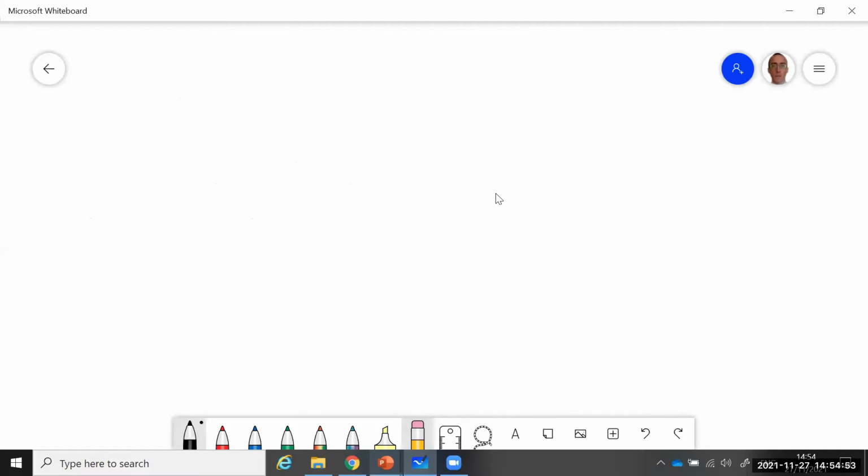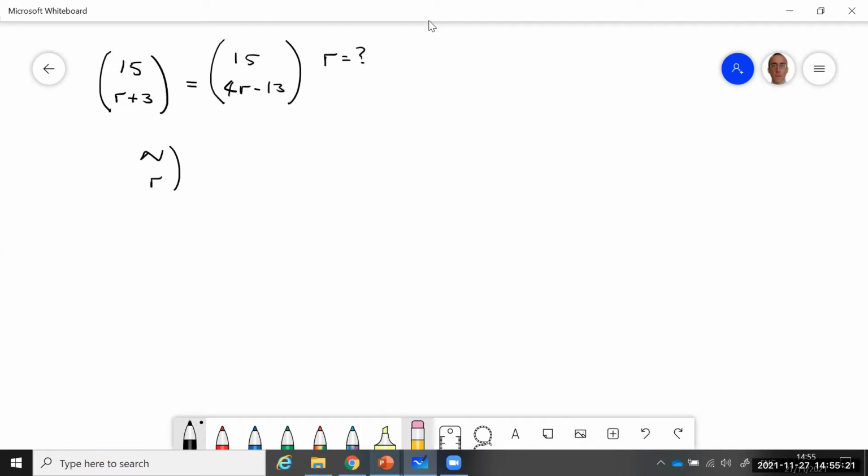So we have 15 choose r plus 3 equals 15 choose 4r minus 13, and r equals question mark. So this notation, you might recall from the book, in general terms, n choose r equals n choose n minus r.